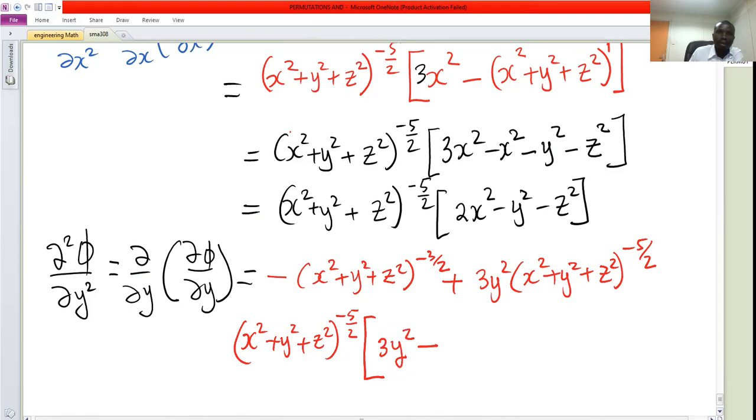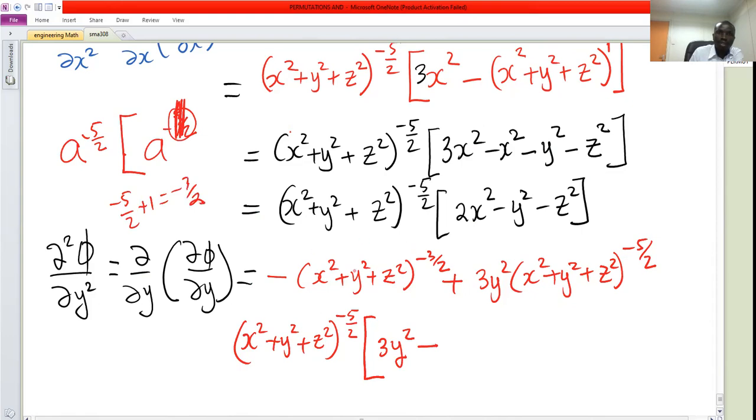But then I remember, if you have a number raised power minus 5/2, another number raised power minus 3/2, and I'm putting brackets, then for me to get back my minus 3/2, if this power is minus 5/2, I have to ensure that this is 1, so that minus 5/2 plus 1 is minus 3/2.